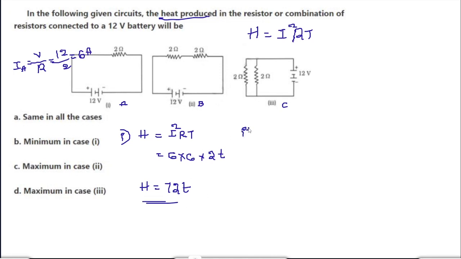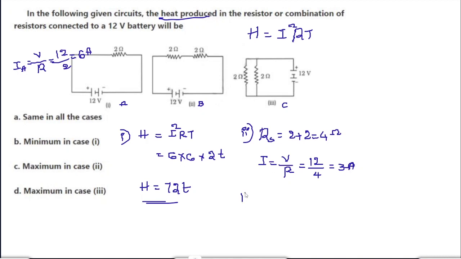And what about the second case? What is I here? R is equal to the resultant resistance, right? So R is equal to 2 plus 2, that is 4 ohms, and current I is equal to V by R. V is 12 and resistance R is 4, so the current is 3 amperes.